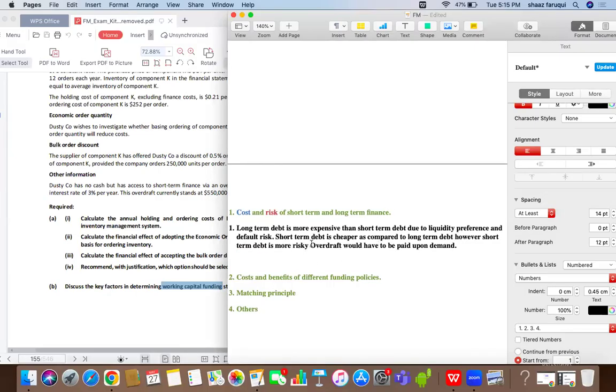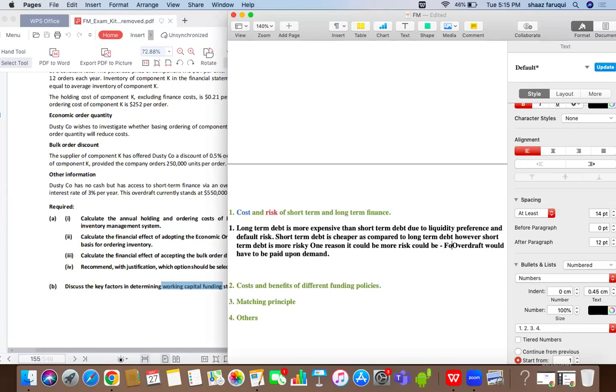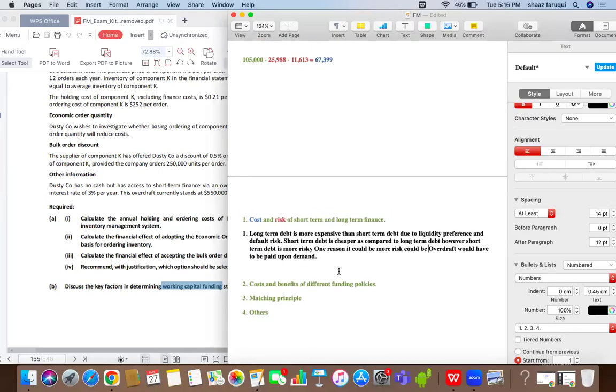The reason it is more risky, one reason it could be more risky could be, an example of a short-term debt is an overdraft. Short-term finance is an overdraft. Could be overdraft would have to be paid on demand.